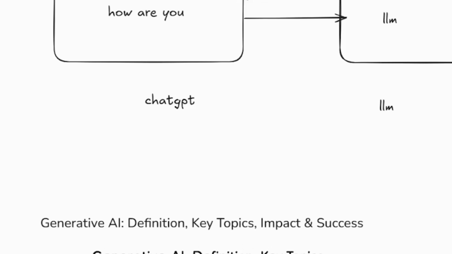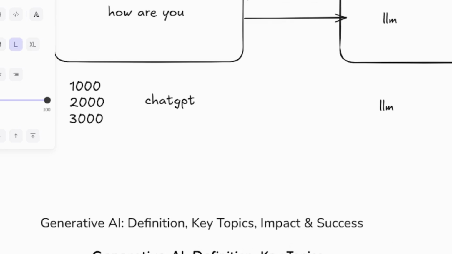For example, we take a small example. I say to you 1000, 2000, and then 3000 and 4000.